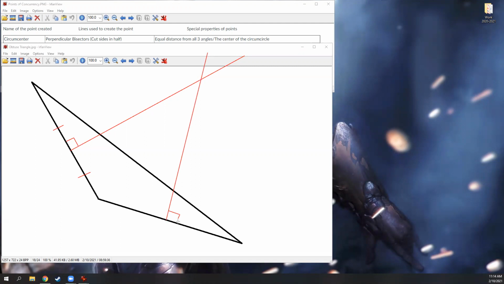Actually, it might have, because these lines are straight, mostly because the computer does it for me. I have to use a ruler in class. All right. Did I do that right? I think I did that right.